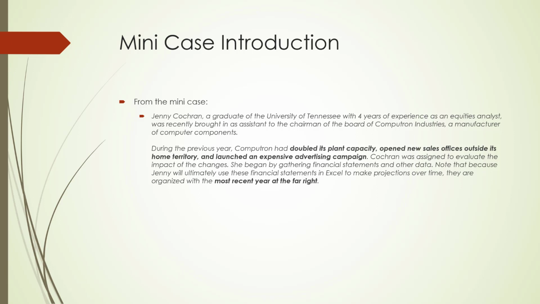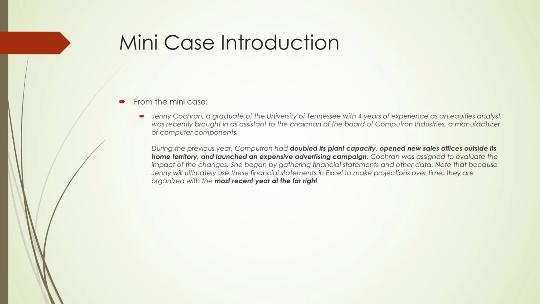She began by gathering the financial statements and other data. Note that because Jenny will ultimately use these financial statements in Excel to make projections over time, that will be chapter 9, they are organized with the most recent year at the far right. Now, this is important. If you look at financial statements the way that they're reported, there are 2 ways that the information is organized, either with the most recent year at the left or the most recent year at the right.